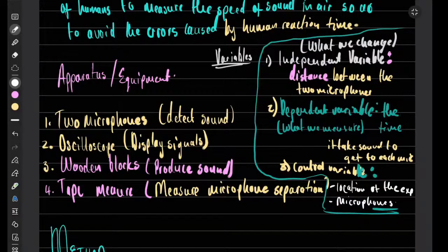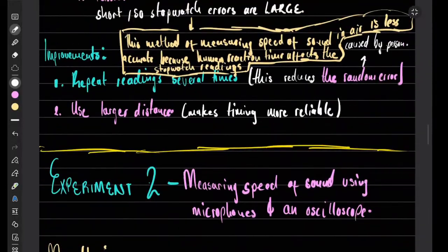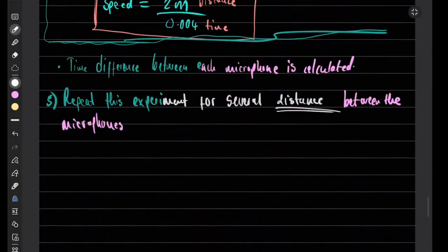Now let's go for it. Have you written all this, students? Now, let's see the source of error. What you must know first is how we do the calculation.